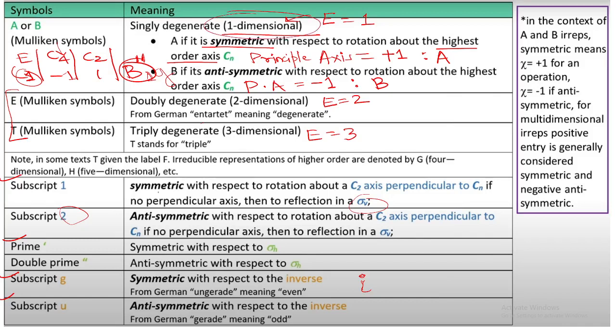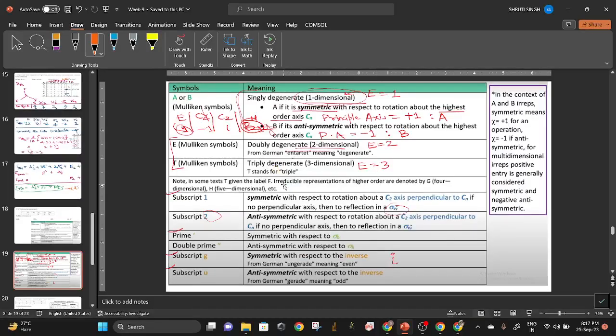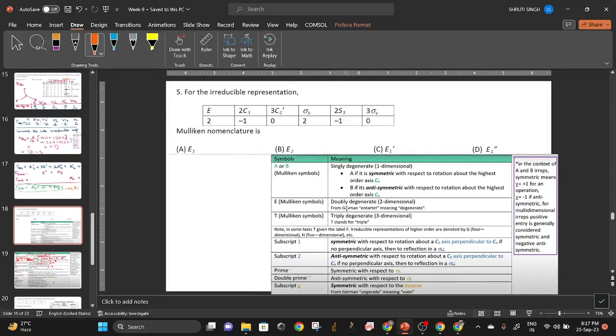The same procedure we need to follow for the two-dimensional case also, except for this part. So for two-dimensional, let's go back to this.